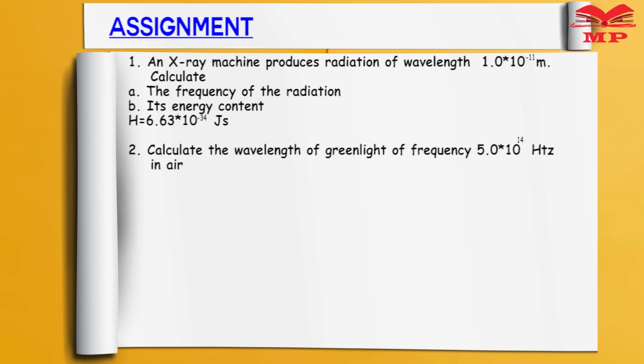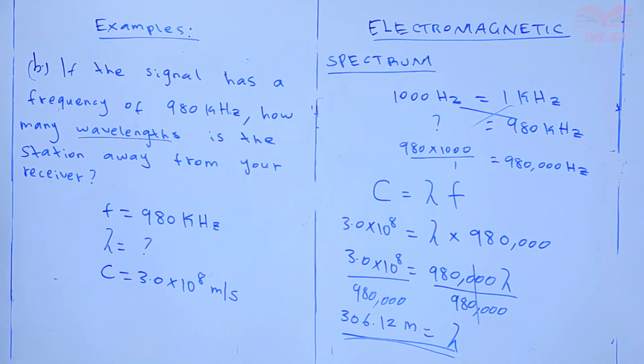Question number 2: calculate the wavelength of green light of frequency 5.0 times 10 power 14 hertz in air. So you can do those calculations.